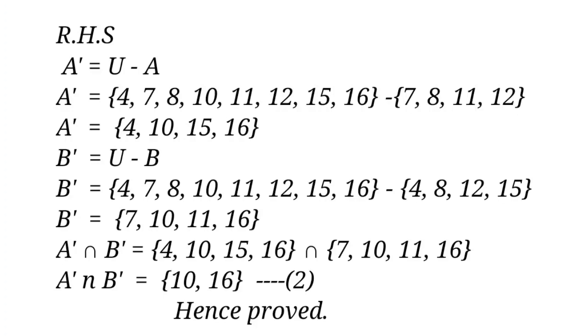Here common elements are 10 and 16. Therefore, A' intersection B' is equal to {10, 16}. From 1 and 2, left hand side is equal to right hand side. Therefore, (A union B)' is equal to A' intersection B'. Hence it is proved.